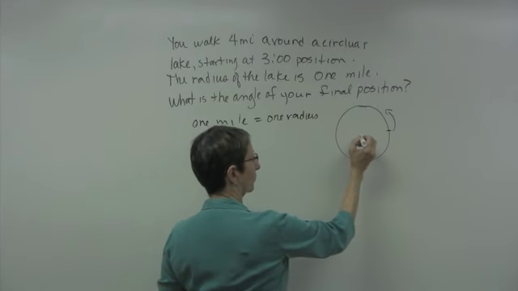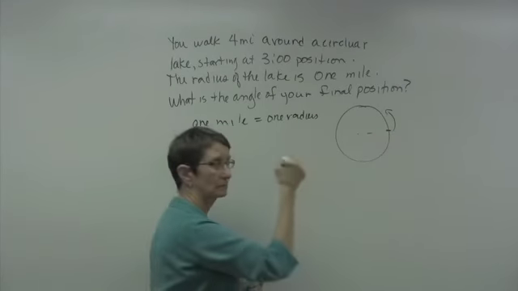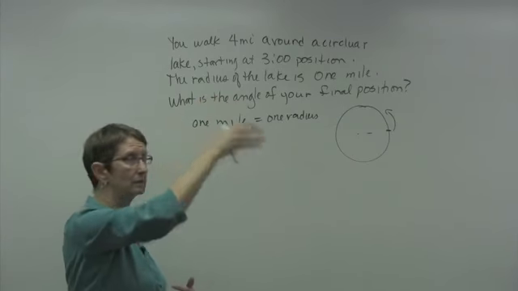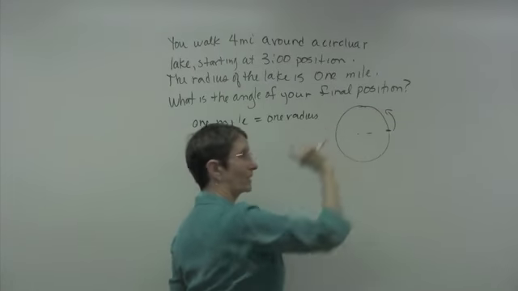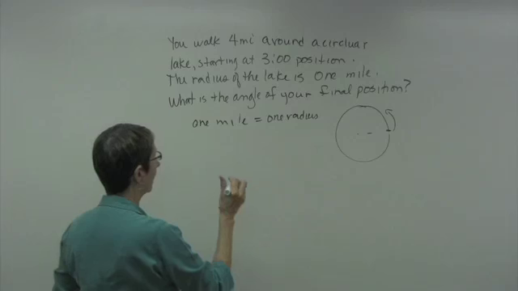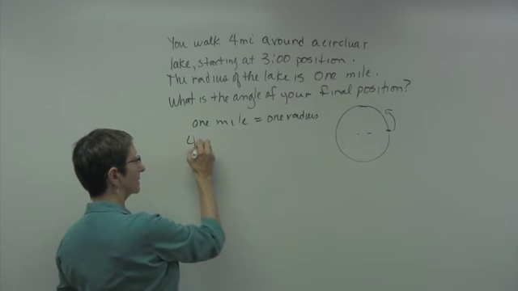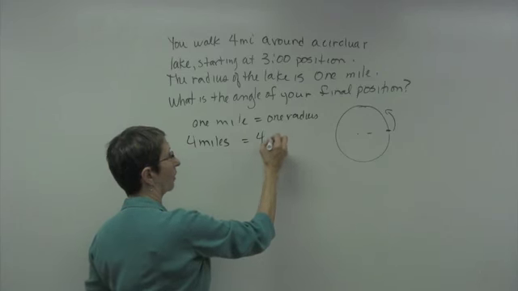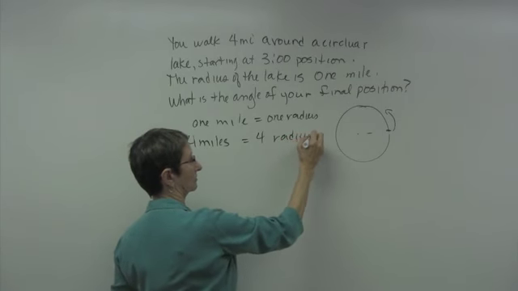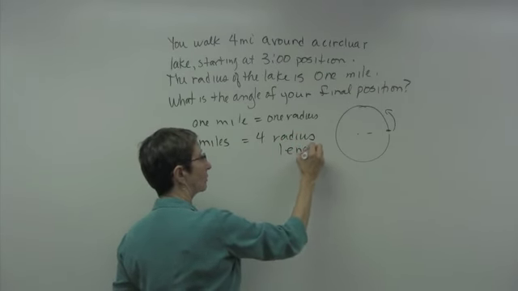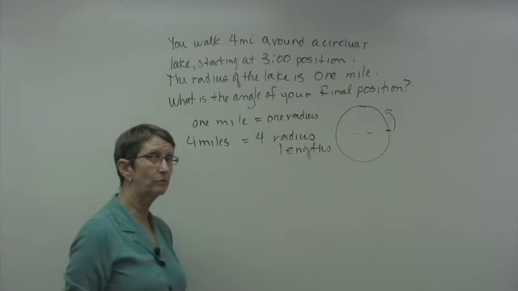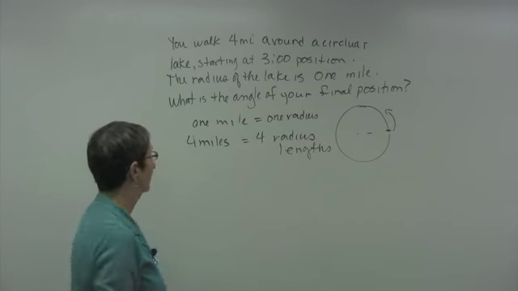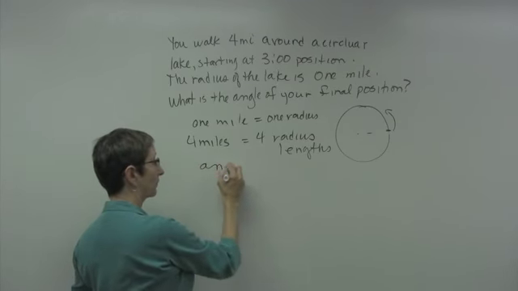If you've got 1 radius and you walk 1 mile, you've walked 1 radius. But we walked 4 miles. Well, then that must be 4 radius lengths. Well, remember what a radius length is? A radius length is a radian. So the angle is 4 radians.